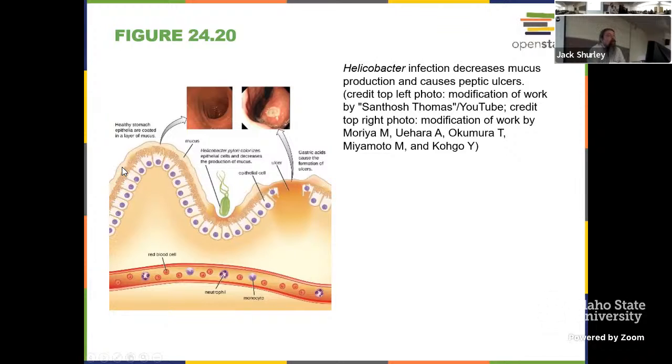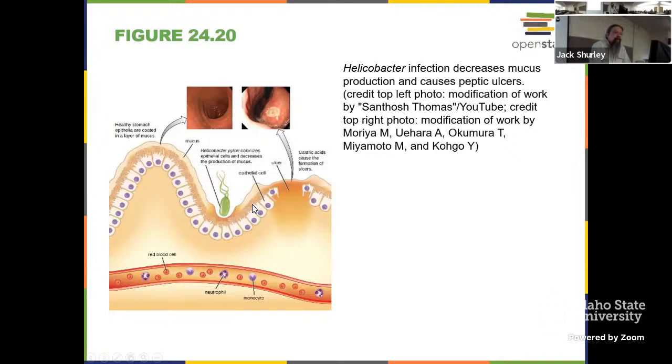So there are numerous things within the stomach. The gastric secretions, highly acidic. The mucus layer helping to prevent the stomach cells from digesting themselves, all right? And Helicobacter gets in and it colonizes.